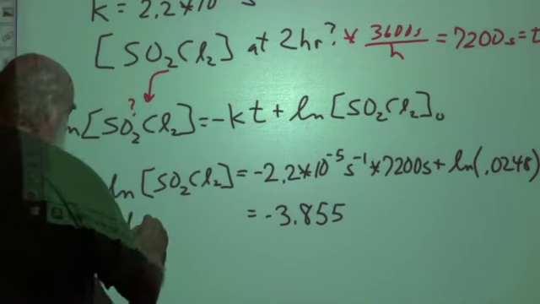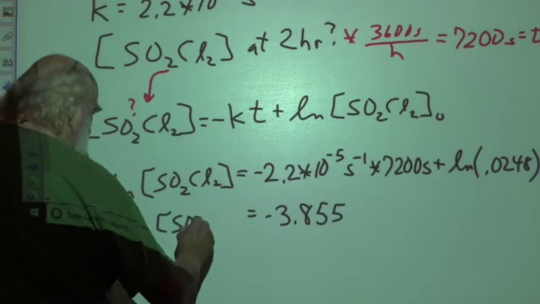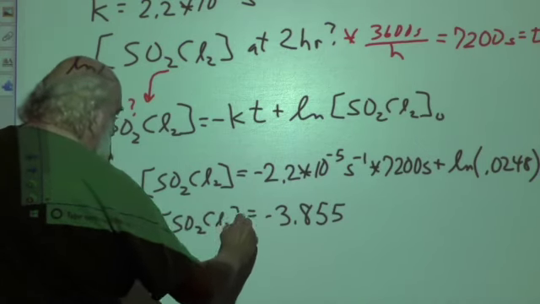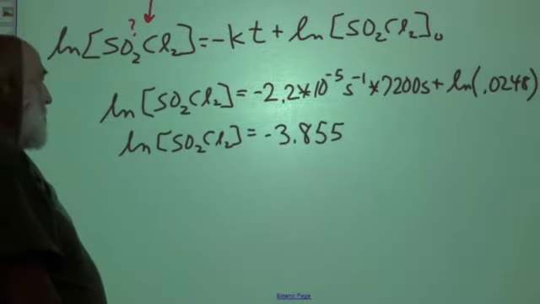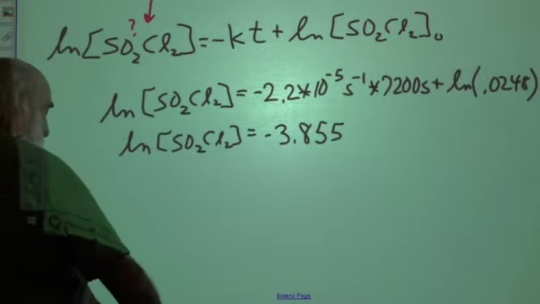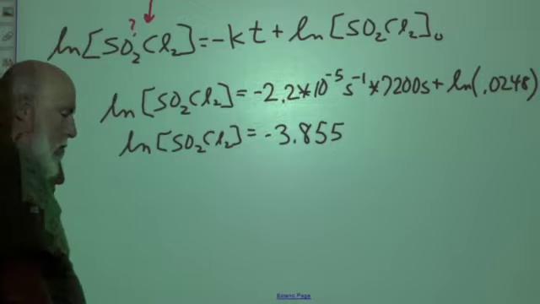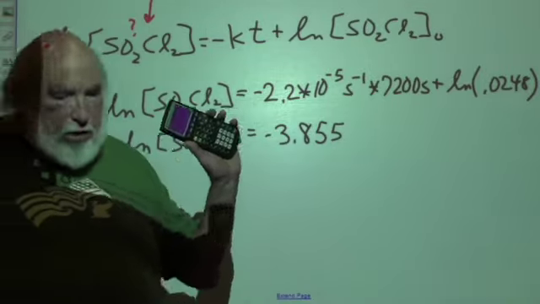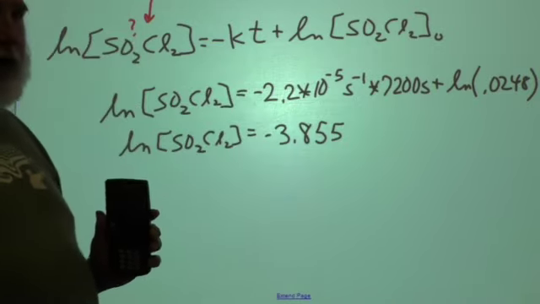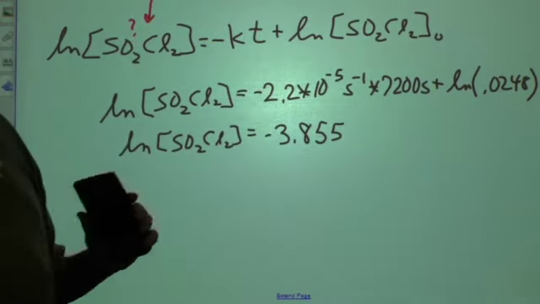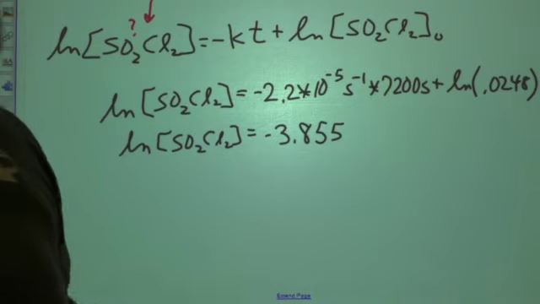But now we got our serious issue here. How do we get rid of that natural log symbol? Well, the log key in your calculator is a base 10 value. In other words, the word logarithm means exponent.